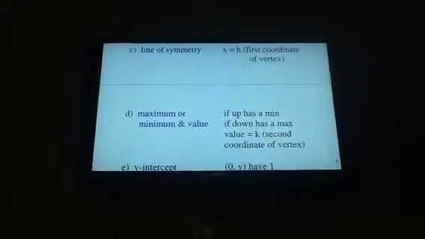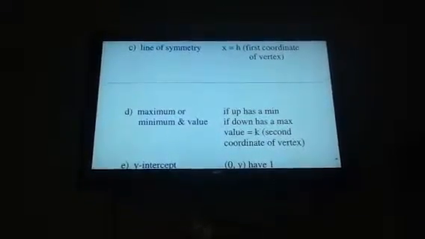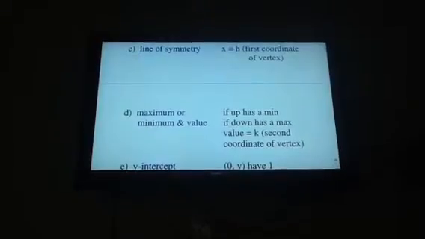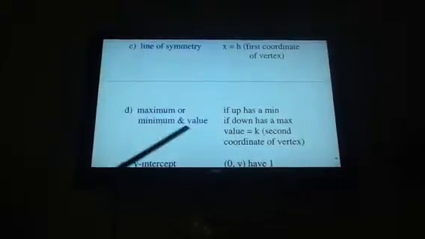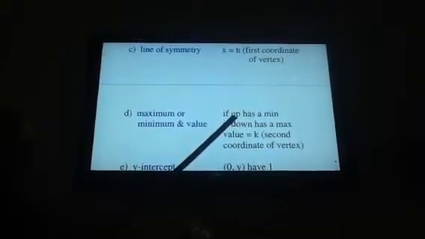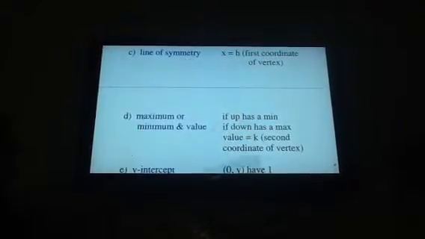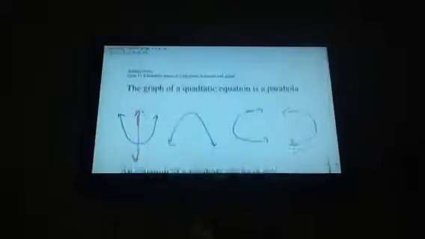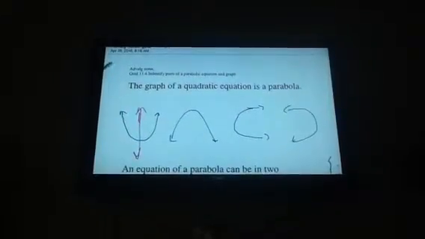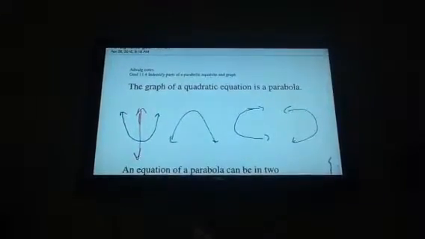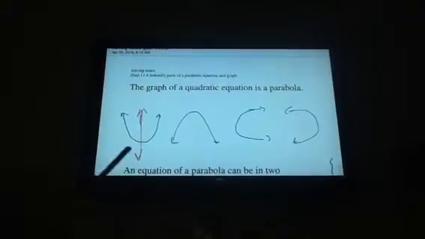Then you're going to tell me whether or not it has a maximum or minimum value and what the value is. If it's an up parabola, if it opens up, then it has a minimum. Think about that: if it opens up, it's going to go on and on forever. It can't max out, but it does have a minimum value.